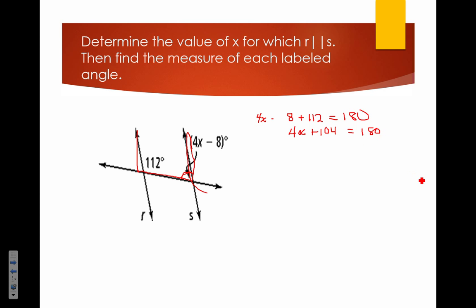If I subtract 104 from both sides, I get 76. So 4x equals 76, and if I divide by 4, x will be 19.